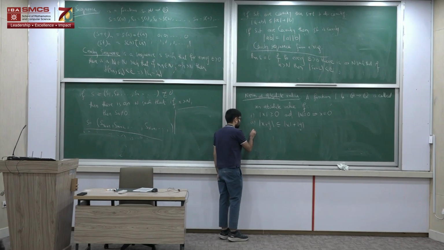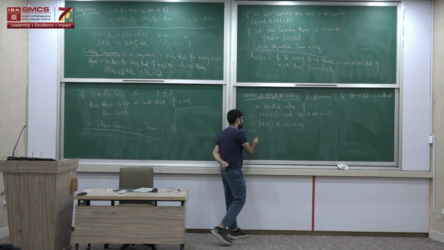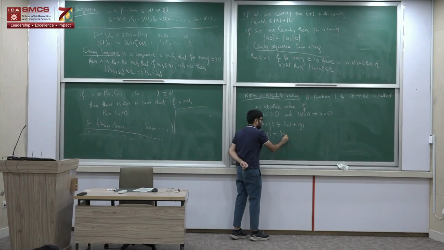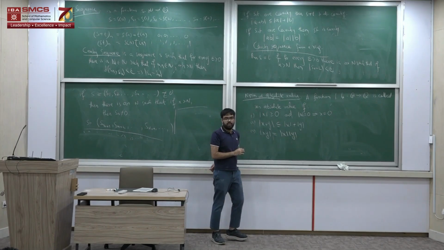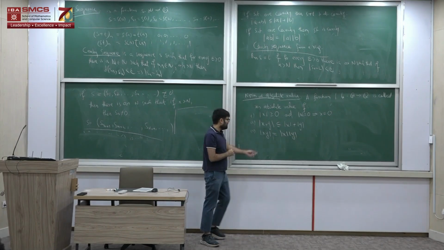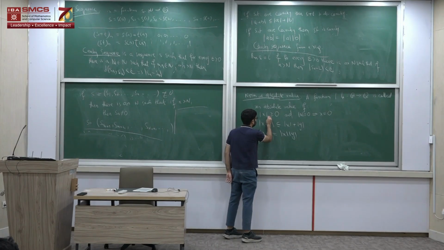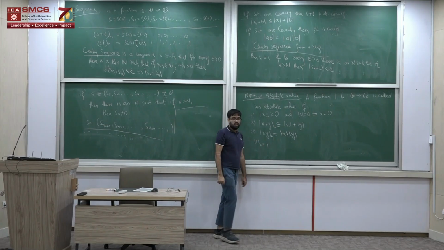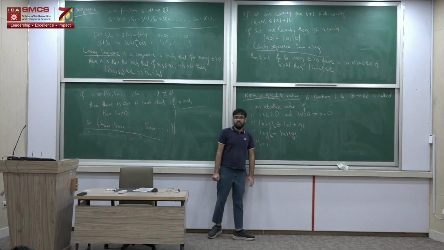So there is an additional thing, which again we need for the multiplication: the absolute value of xy is equal to the absolute value of x times the absolute value of y. This means in particular that the absolute value of 1 is always 1.